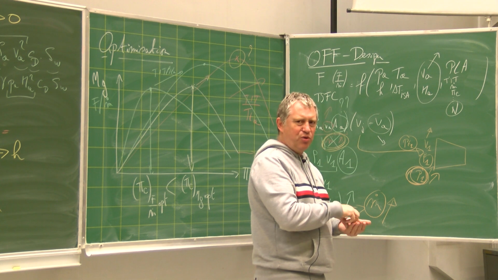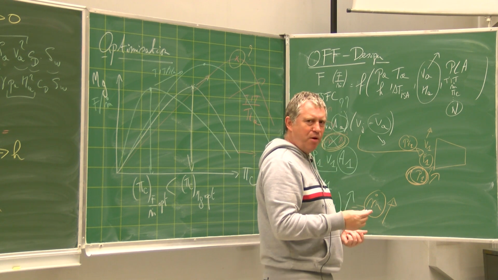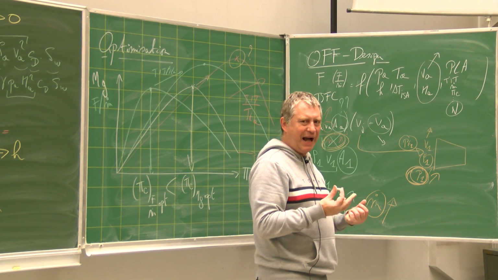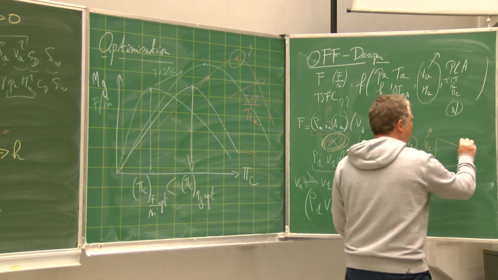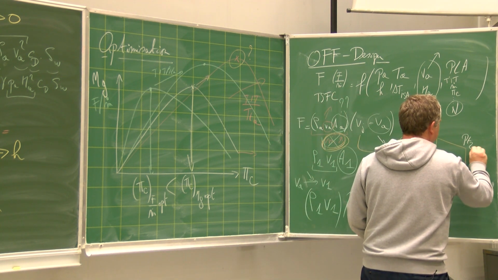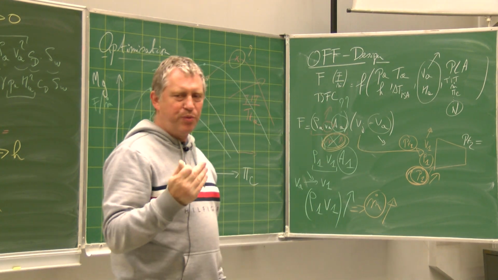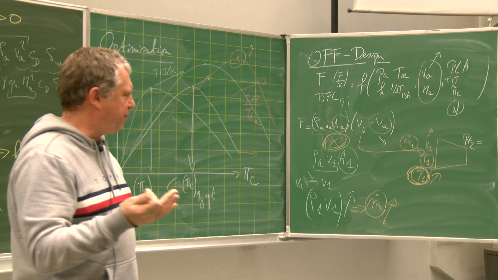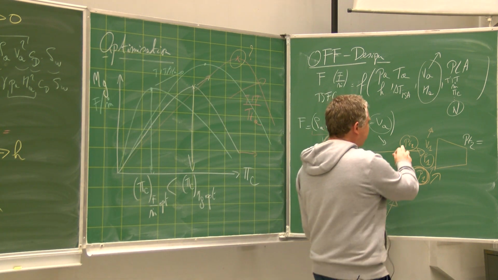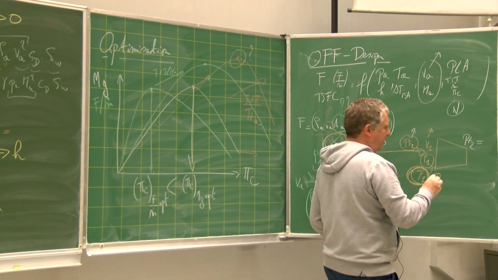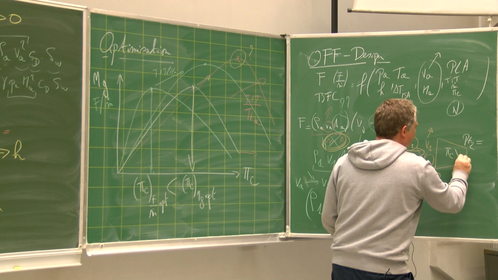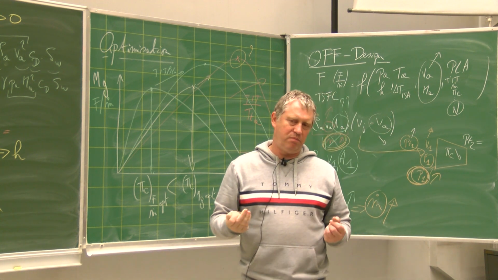And so what can you do at a certain moment when you are flying at high speed? What will you do if you want to fix PT2? You say PT2 has reached a certain maximum value. If PT1 is increasing, you will say, I will reduce my pressure ratio.